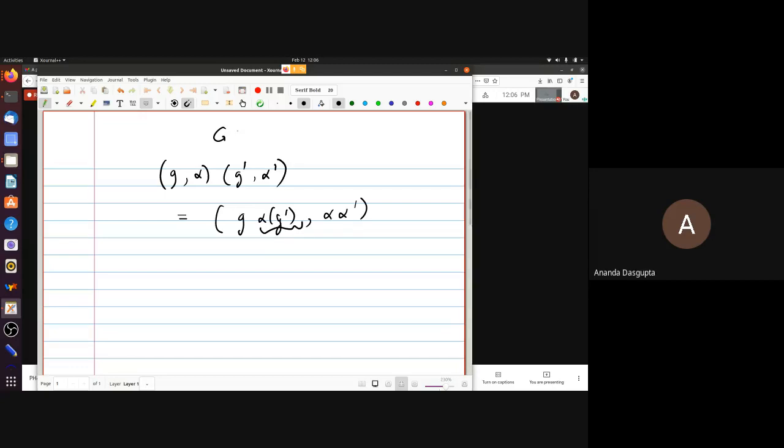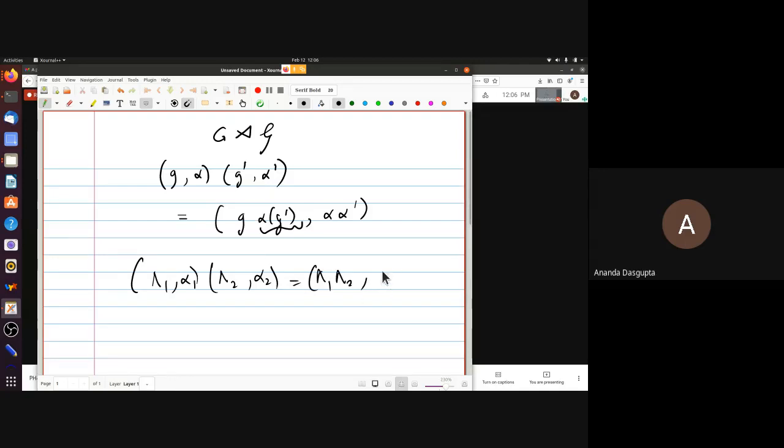So if you are doing a semi-direct product between G and curly G, the elements of curly G must be such that they act on the elements of capital G. Otherwise, this thing will not make any sense, right? Just like in our example, we had (lambda, alpha) of the Poincaré group: (lambda 1, alpha 1)(lambda 2, alpha 2) was lambda 1 lambda 2.